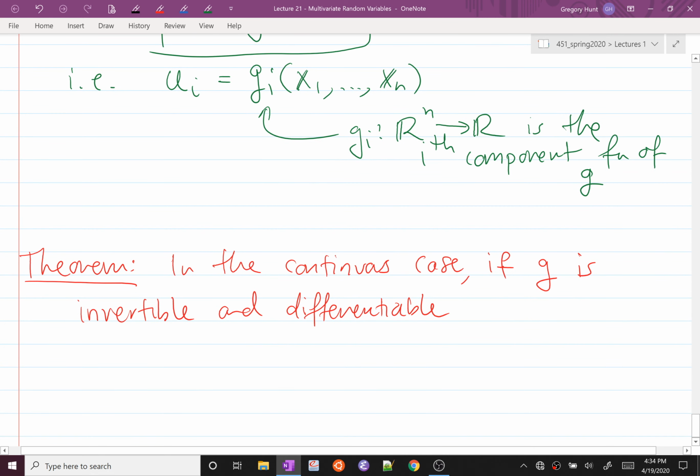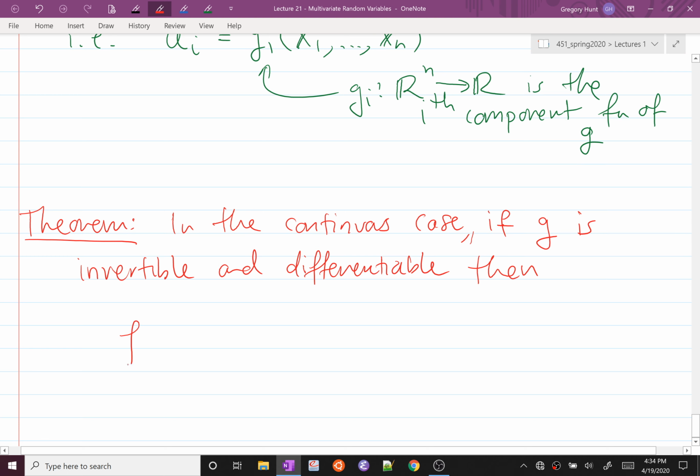So g is an n-dimensional function, R^n to R^n. It must be invertible and must be differentiable. You can think about what that means in an n-dimensional case. It's a little more complicated than just the univariate case. But if those things are true, then we can get the joint PDF of U. I say joint PDF because U is an n-dimensional random vector.